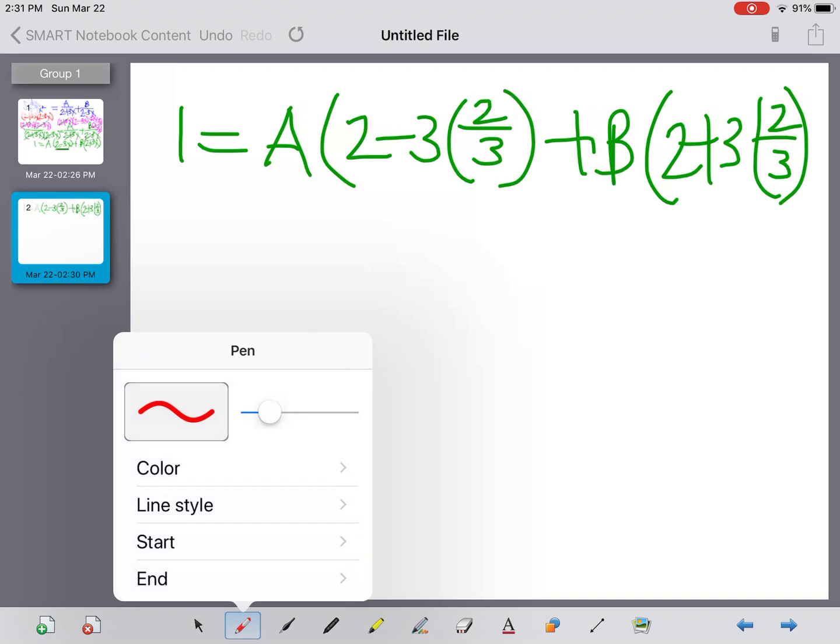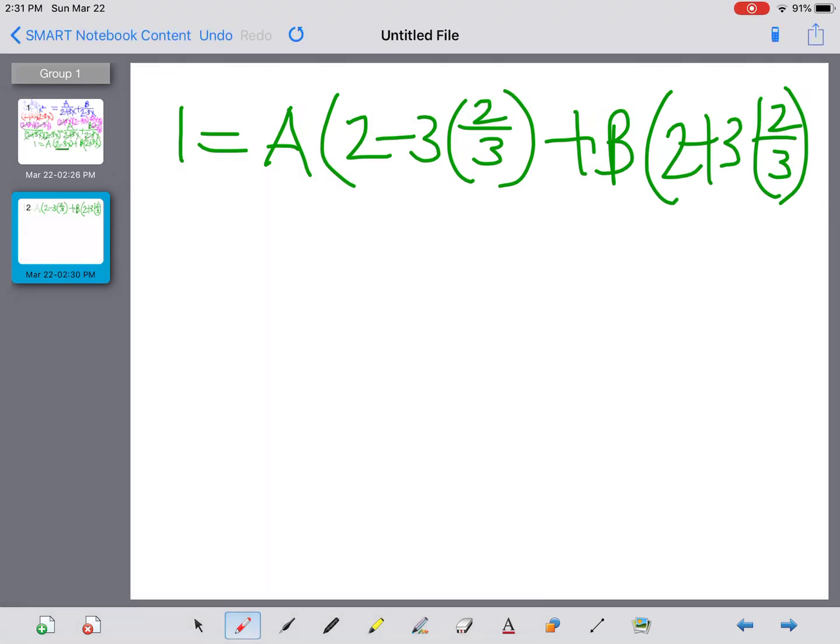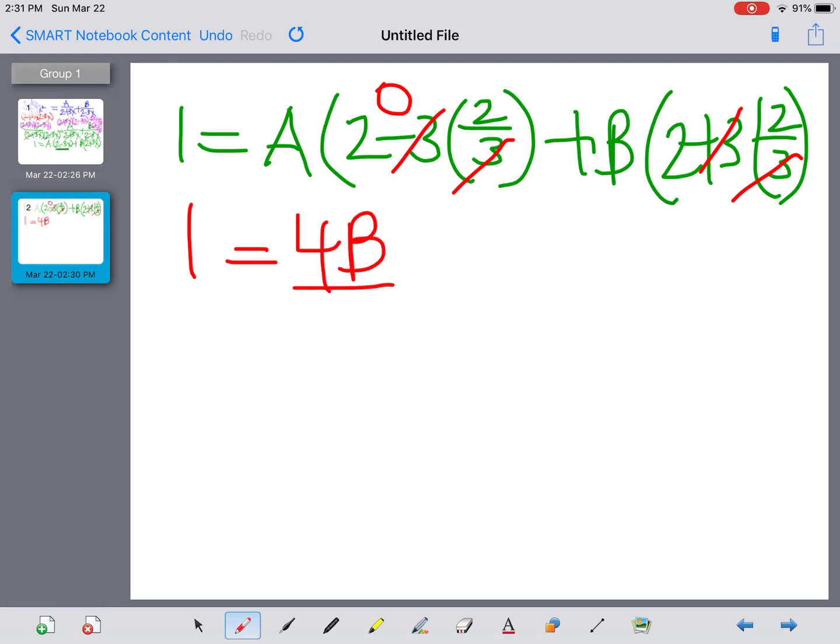And in both cases, the 3's cancel. 2 minus 2 equals 0, so that part is gone. Here the 3's cancel. 2 times 2 is 4, so that will give us 4B. So B is equal to 1/4.